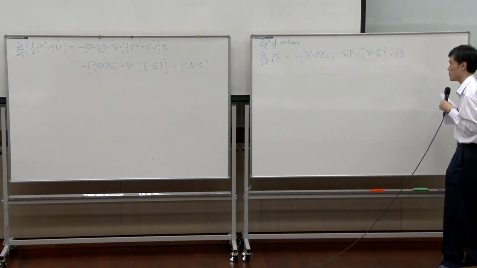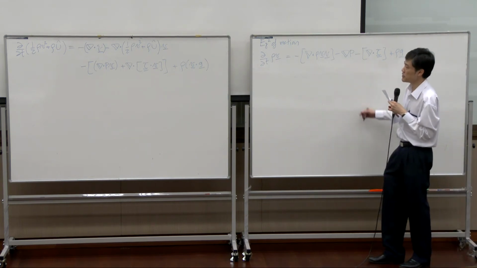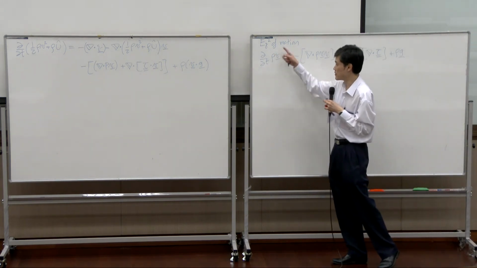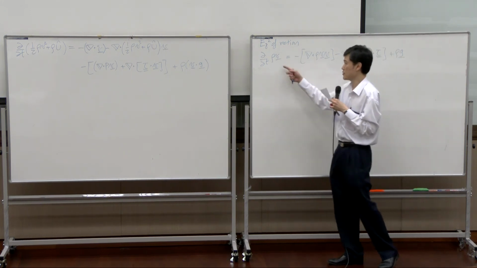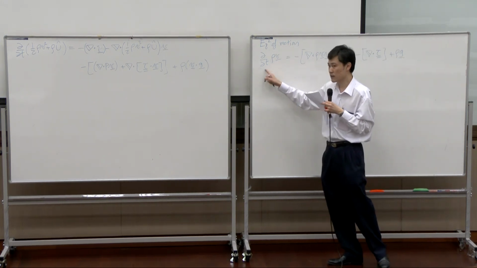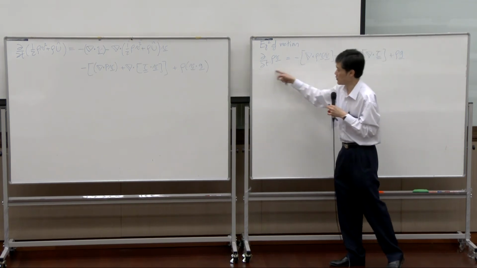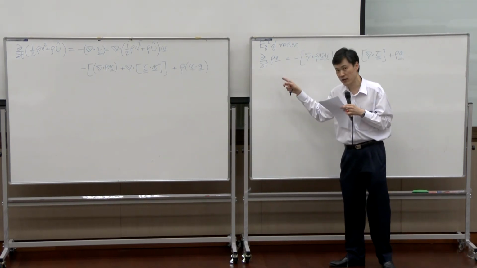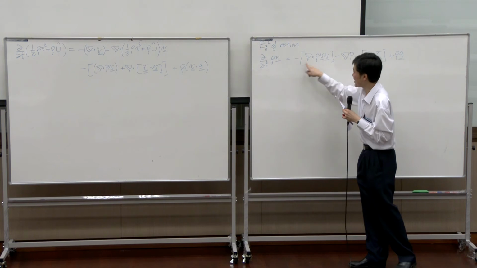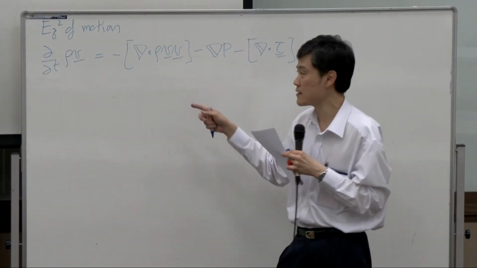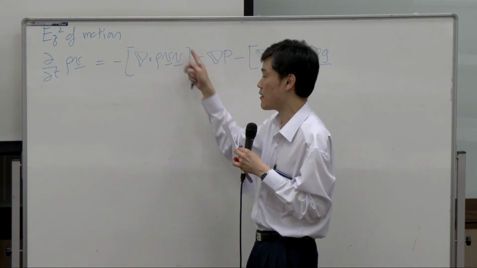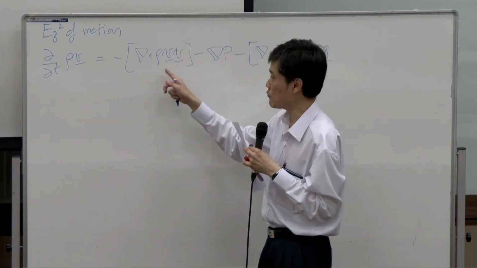Okay, this is the equation of motion, and you see that this is momentum. The equation of motion represents momentum balance. So this is momentum change with respect to time within the system, so it is accumulation of momentum within the system. This is minus del dot, as I said, minus del dot something that will be net flux. This is net flux by means of bulk flow or convective transport.